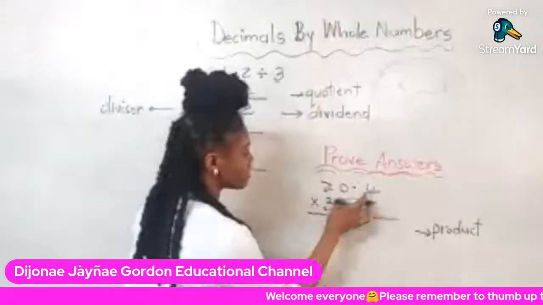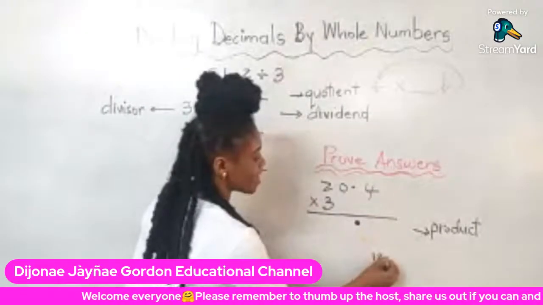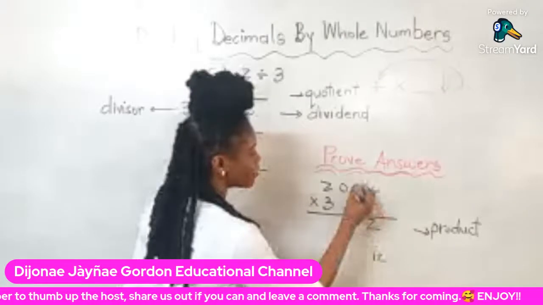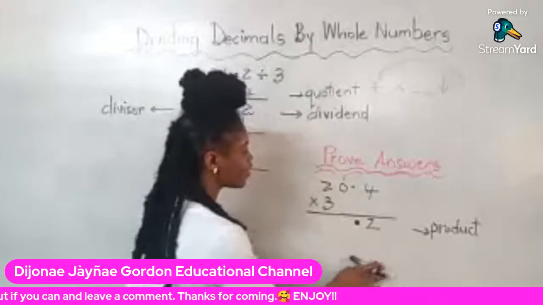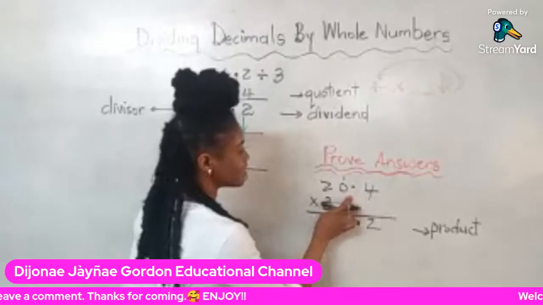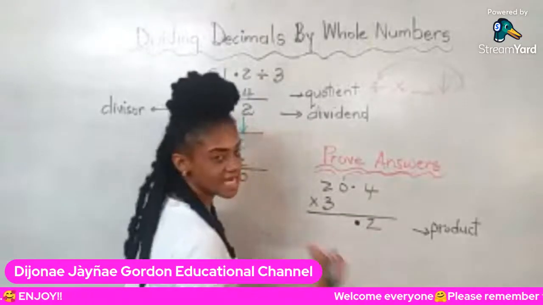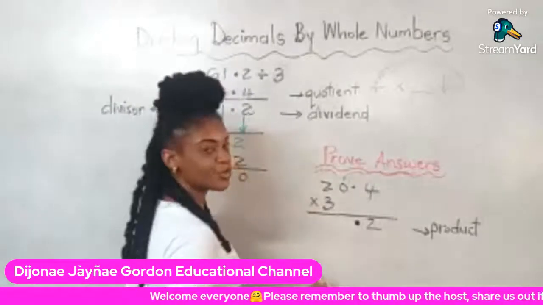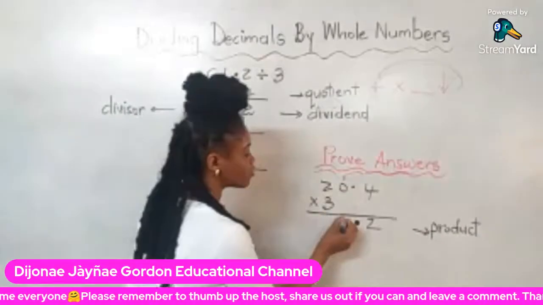Let's work this together. 3 multiplied by 4 gives 12. 12 is a 2-digit number. We put the 2 down, and we carry our 1 over to the next place. Then 3 multiplied by 0 is 0, because any number you multiply by 0, you get 0. But we have 0 plus 1, which is 1.